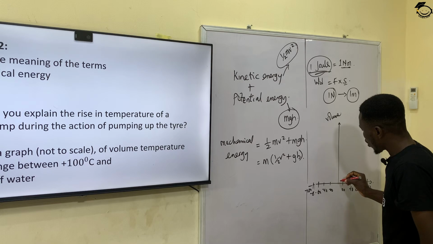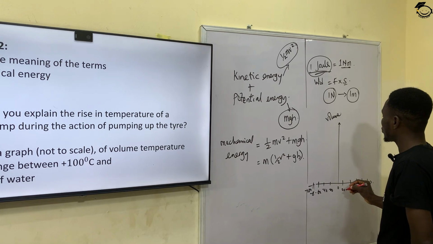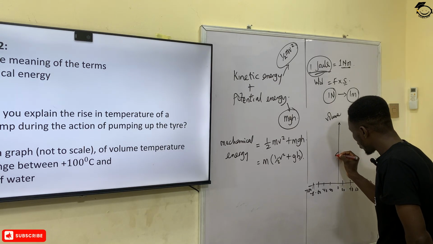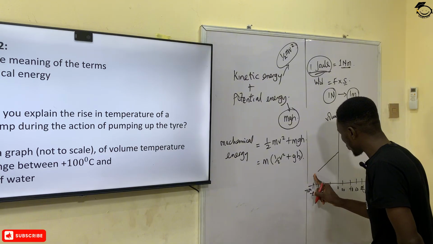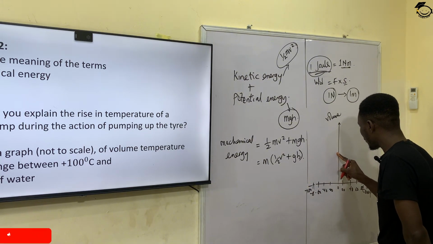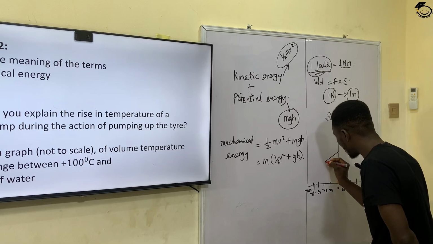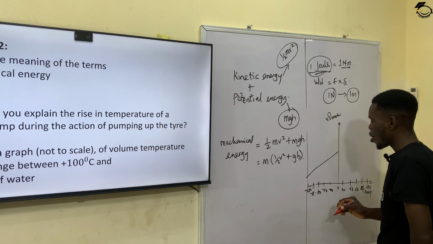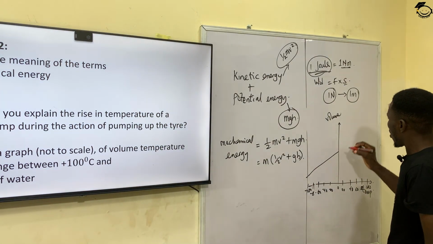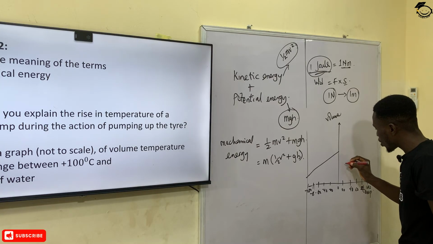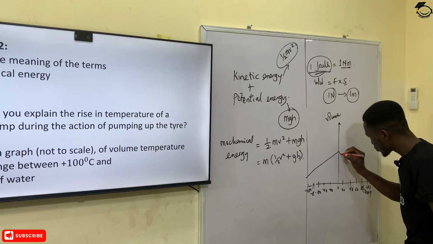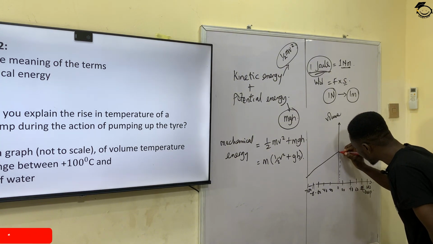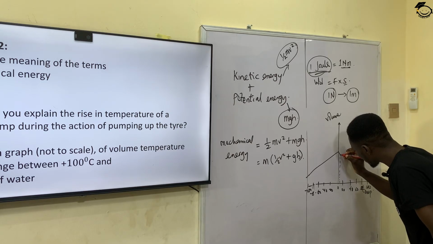So from 0 degrees, this point is a point of 0 degrees. From 0 degrees, moving downward, your graph will be moving downward. It's a straight line graph from 0 degrees down to minus 100 degrees Celsius. But from 0 degrees to about 4 degrees Celsius, your graph will be moving downward here. Why?